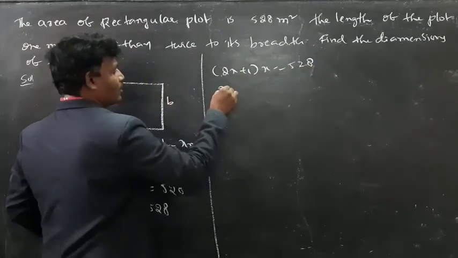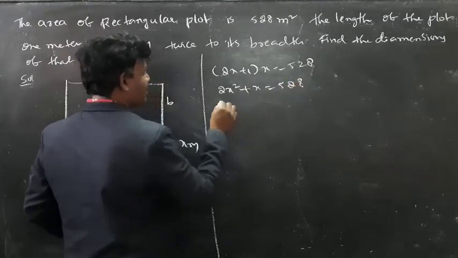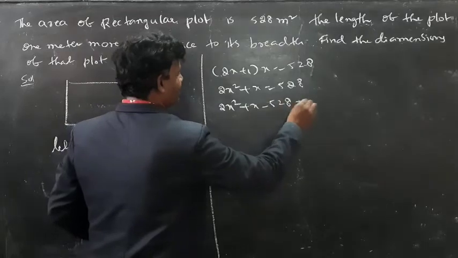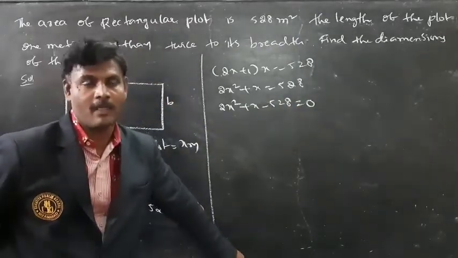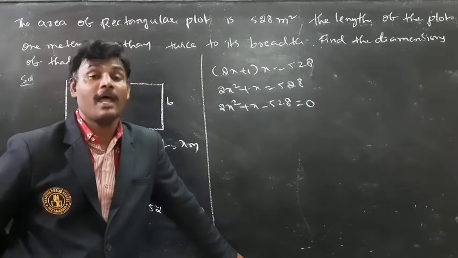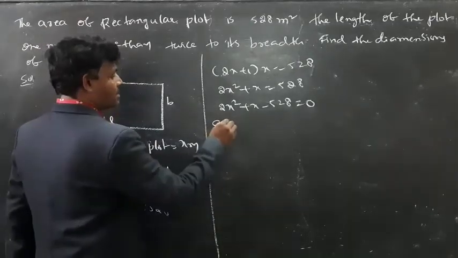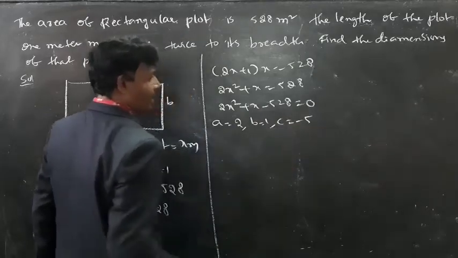It is 2x squared plus x equal to 528. It means 2x squared plus x minus 528 is equal to 0. Here also one quadratic equation is formed. You have to find the roots of that quadratic equation. Here I am going to apply the quadratic formula. a is equal to 2, b is equal to 1 and c is equal to minus 528.